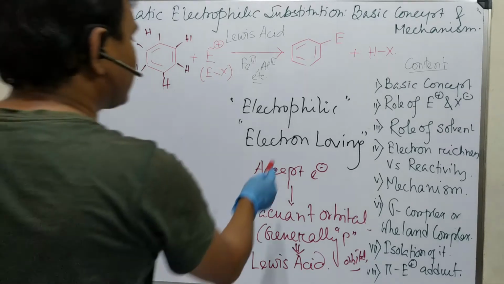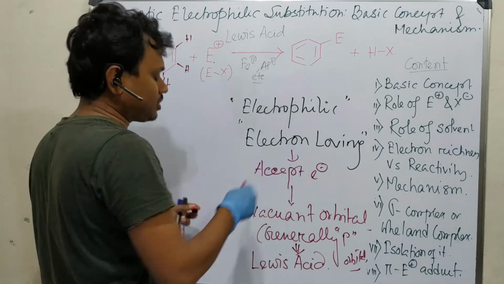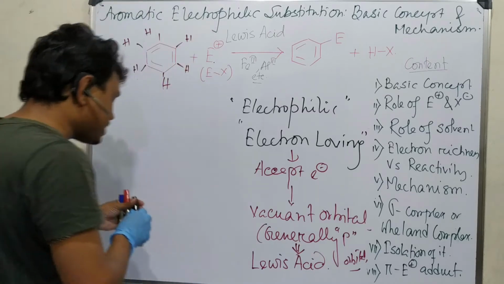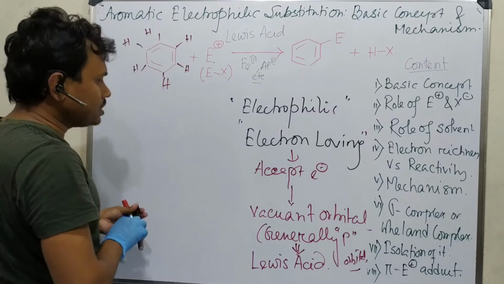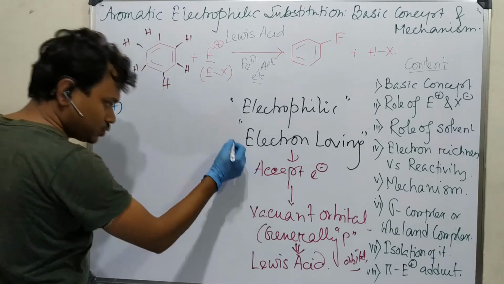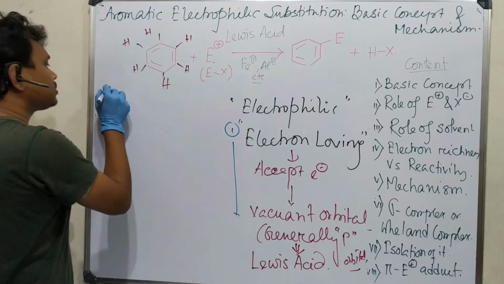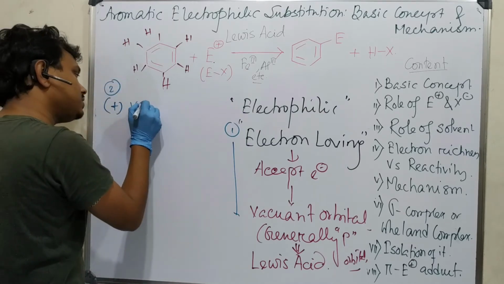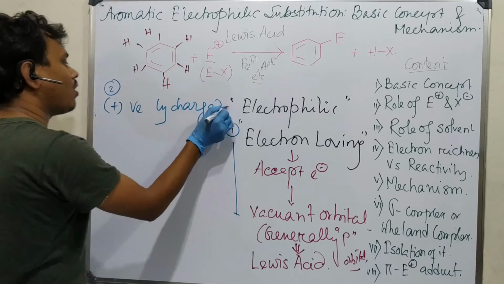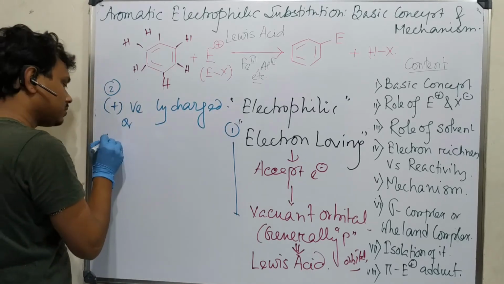So what we concluded is that they are electron-deficient Lewis acids. This is one criterion. Second criterion, they could be positively charged or they could be neutral.